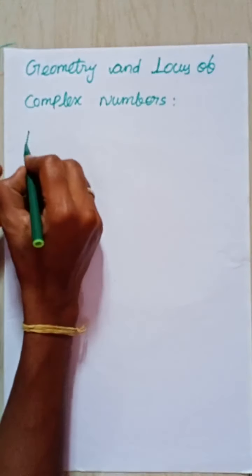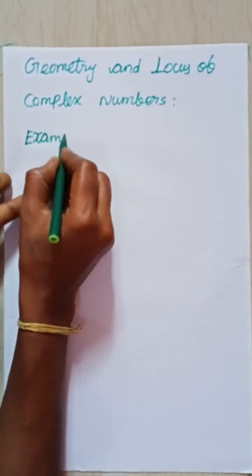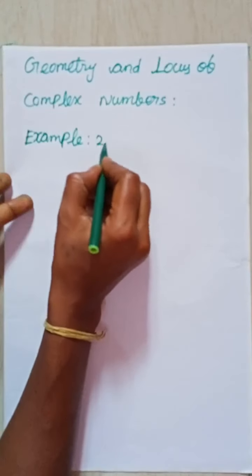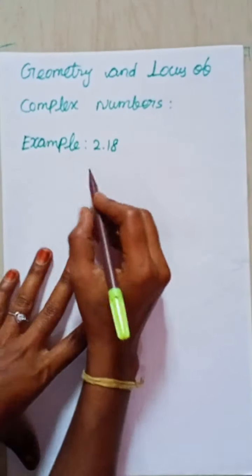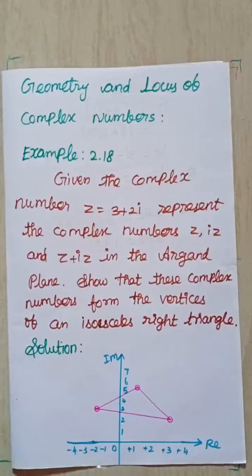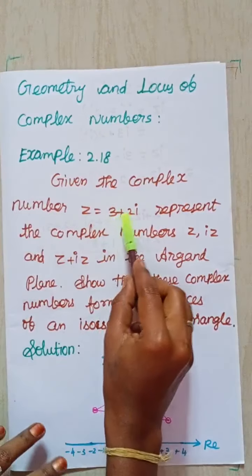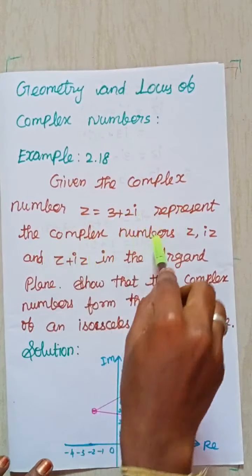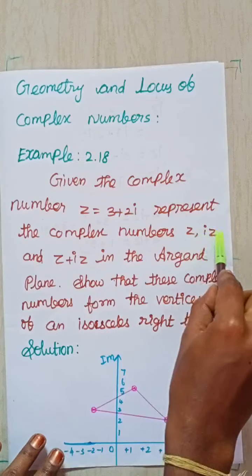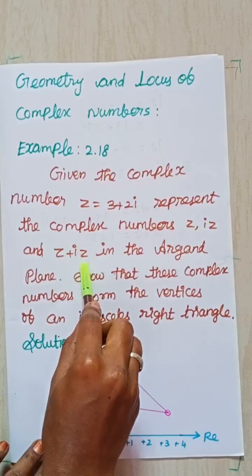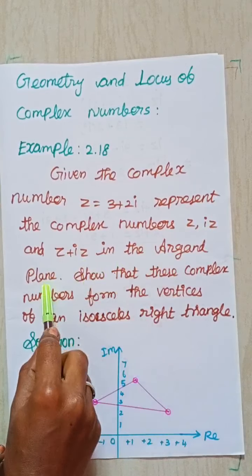See example 2.18. Given the complex number z equal to 3 plus 2i, represent the complex numbers z, iz and z plus iz in the Argand plane.